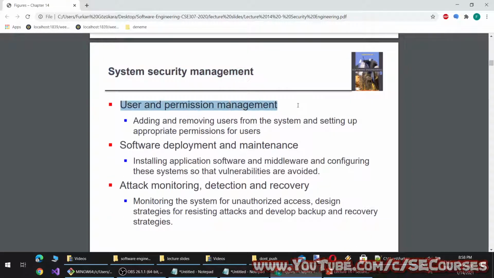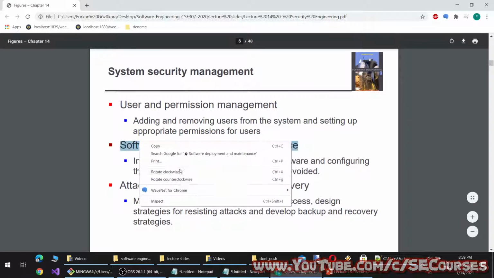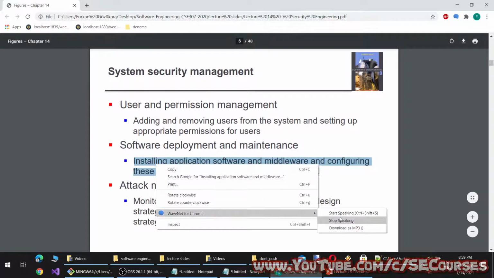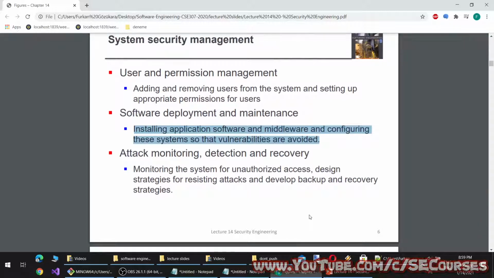System security management. User and permission management: adding and removing users from the system and setting up appropriate permissions for users. Software deployment and maintenance: installing application software and middleware and configuring these systems so that vulnerabilities are avoided.